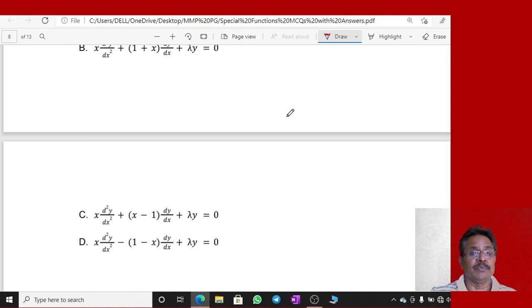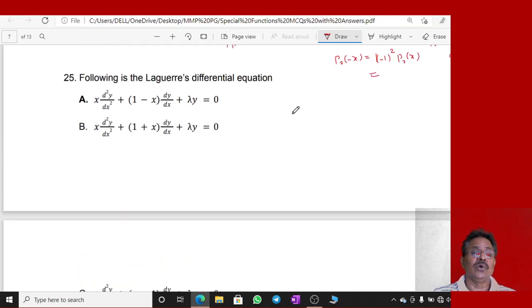That is the second equation. Third is x d²y/dx² + (x − y in 1) dy/dx + λy = 0. And the final equation is x d²y/dx² − (1 − x) dy/dx + λy. So this is again a memory question, and therefore you have to go for the correct answer of this question number 25.